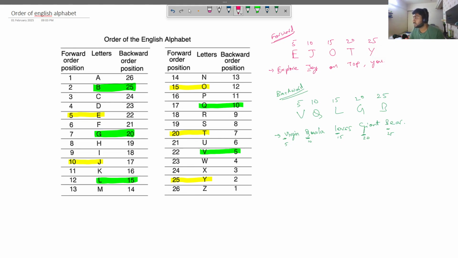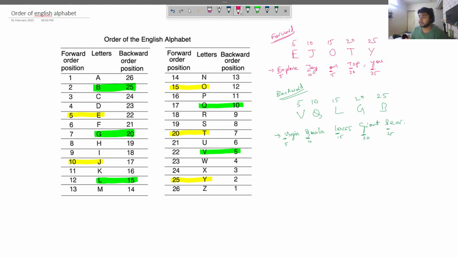So E, J, O, T, and Y. This is how I remember the two sets of letters, one for forward and one for backward. EJOTY for forward and VQLGB for backward. "Explore joy on top you," and "Virgin koala loves giant bear." So E is my fifth letter, J is my 10th letter, O is my 15th letter, T is my 20th letter, Y is my 25th letter.